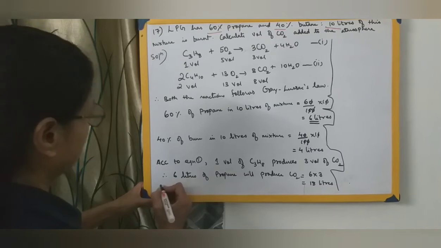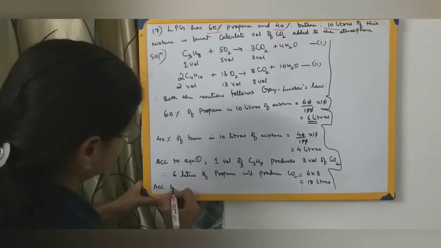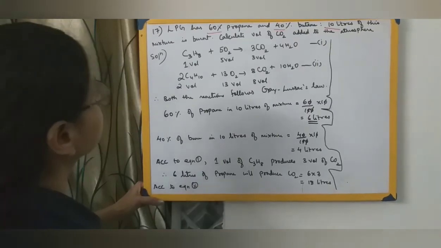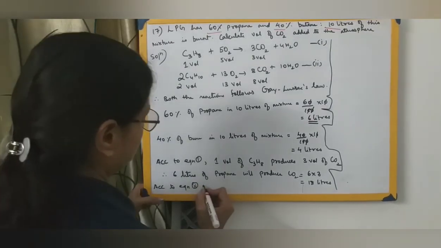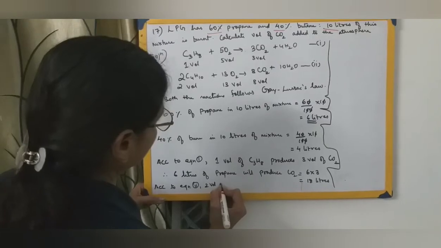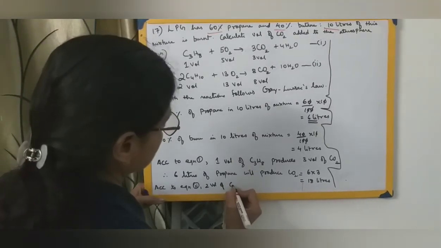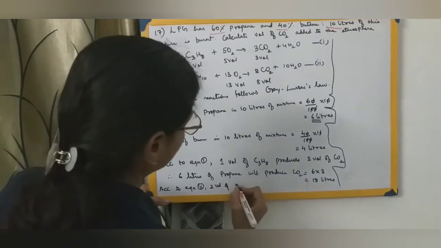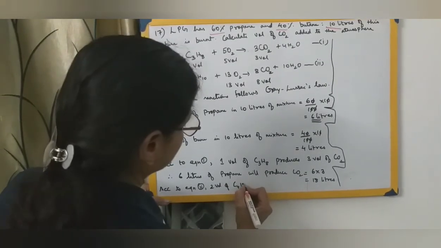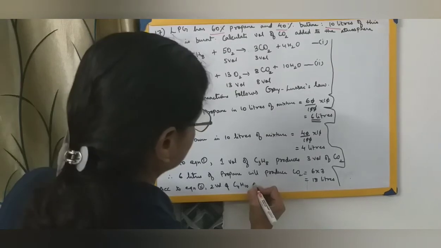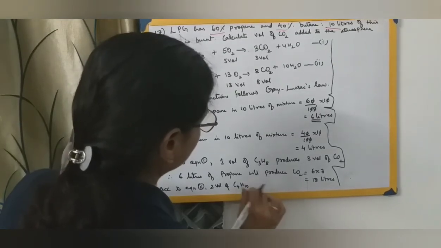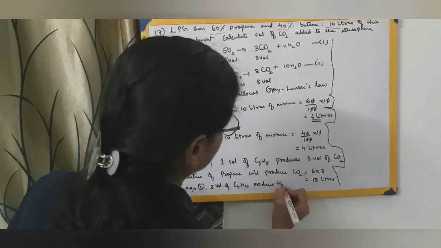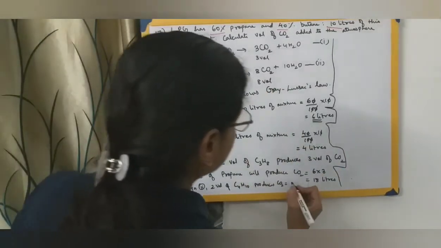According to equation 2, 2 volume of butane, that is C3H8. Sorry, butane is C4. 2 volume of C4H10 produces carbon dioxide equal to 8 volume.